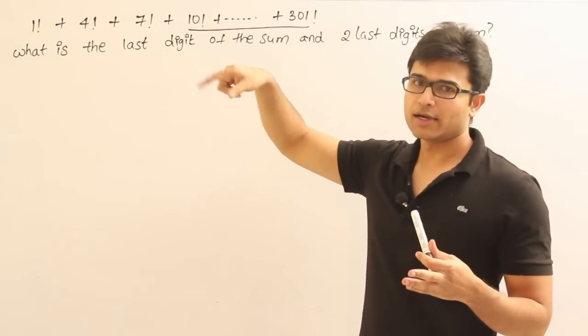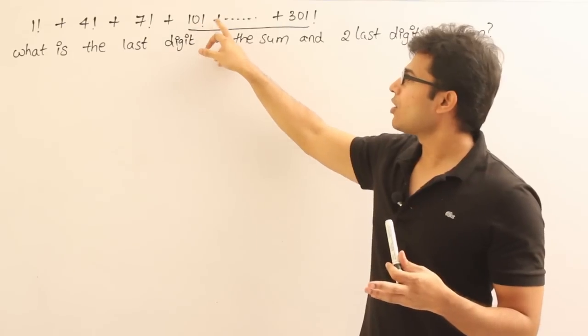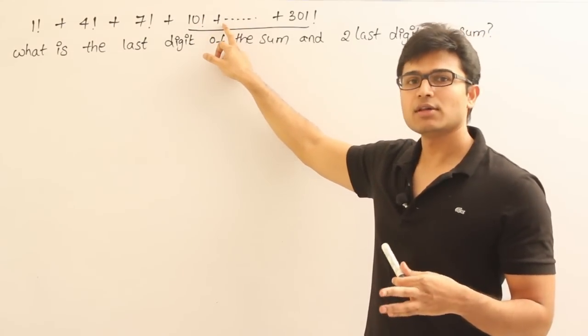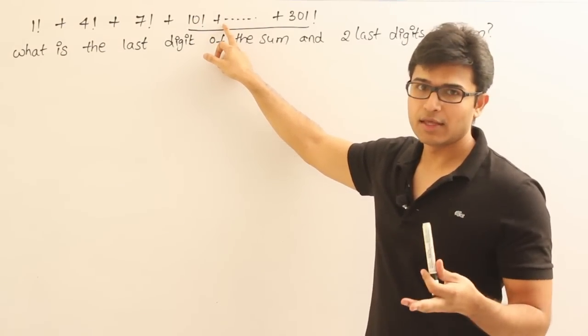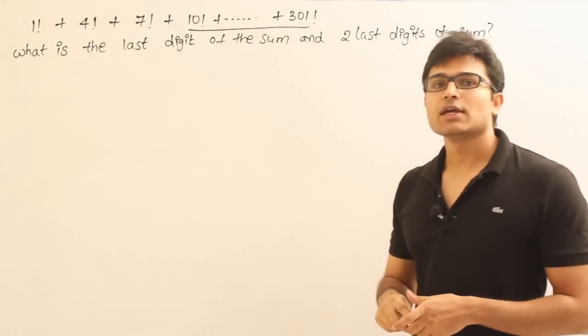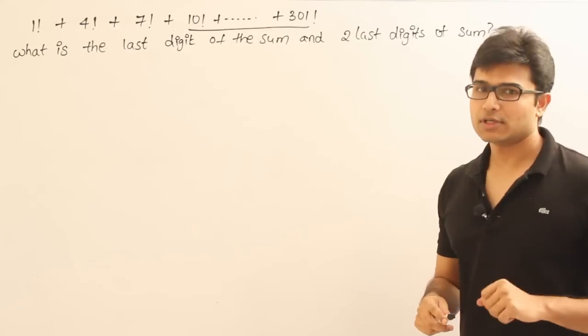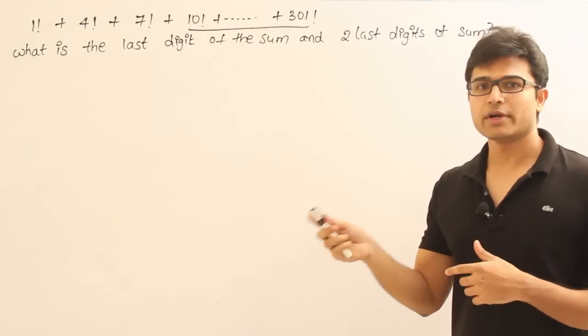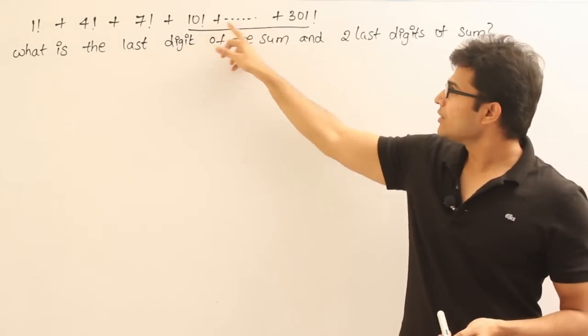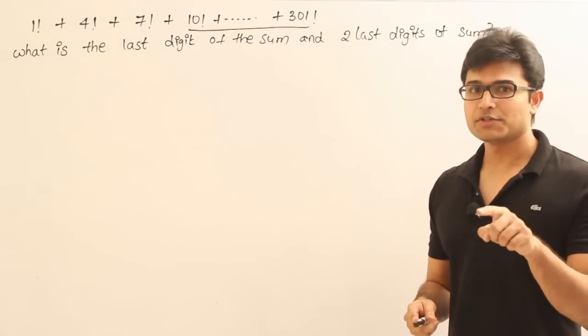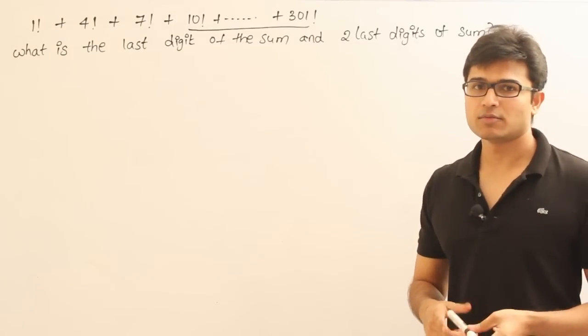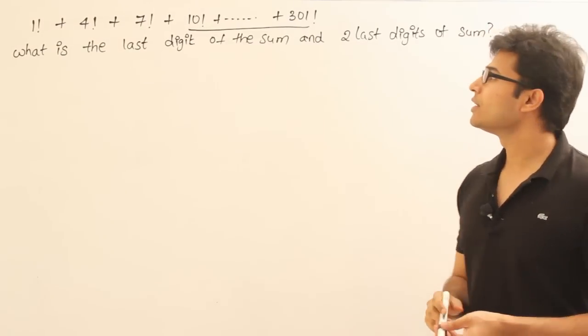Therefore, at the end you are going to get a 0. Similarly, 11 factorial will contain in itself a 10. Therefore, all these are going to have at least one 0 at the end, so 0 is going to be the last digit.